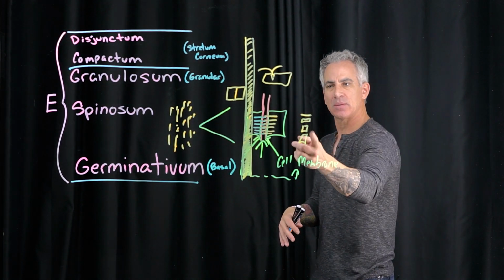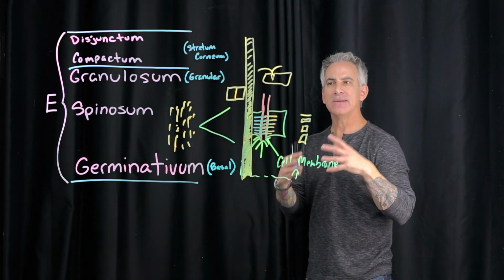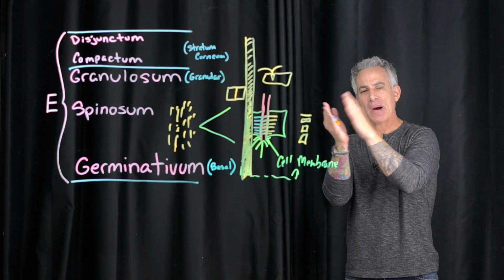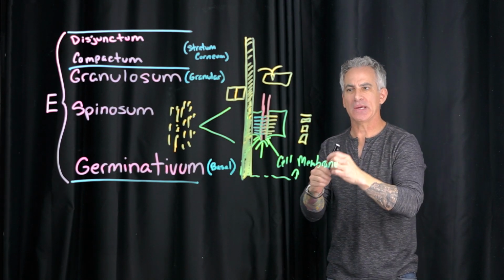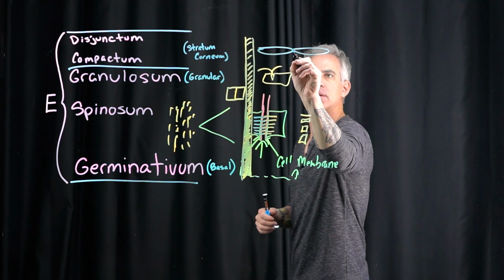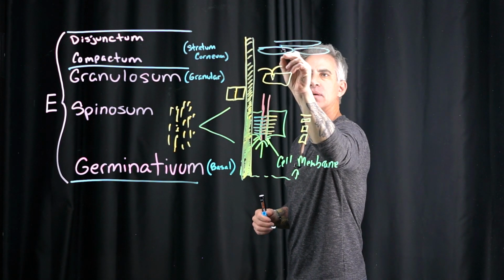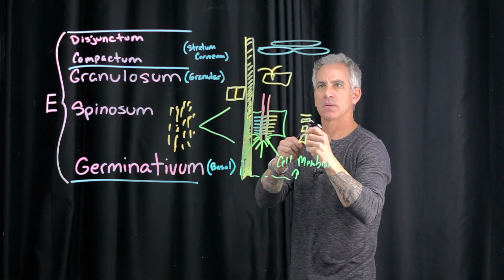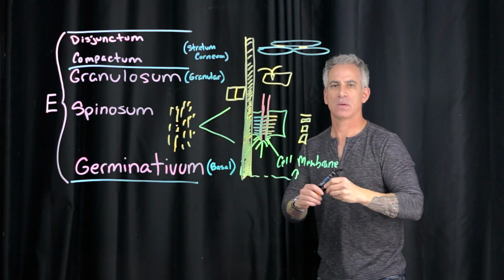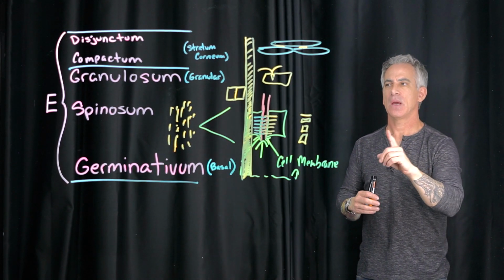And those desmosomes that were inside of it now become a part of the cohesive binding properties of the stratum corneum, and they look like this. Okay?